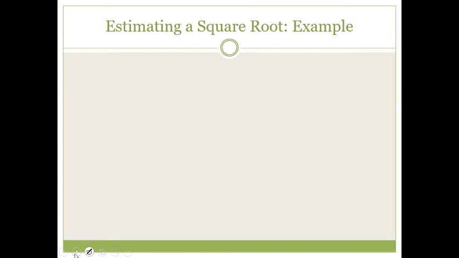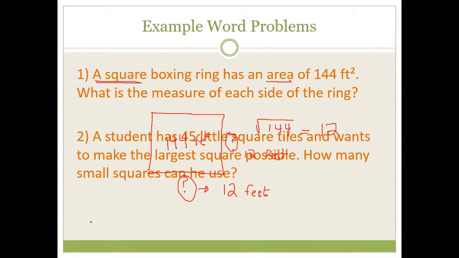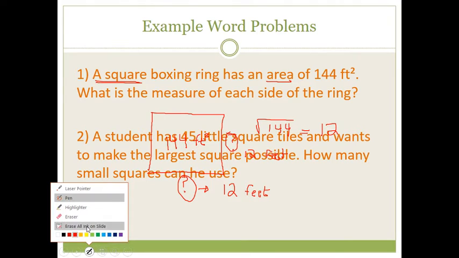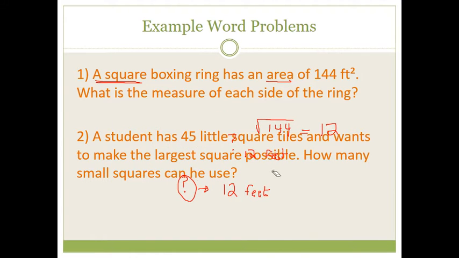All right, so let me go back one, as I skipped one of these word problems. Let's take a look at another example. Okay, so suppose a student has 45 little square tiles, and he wants to make the largest square possible. How many square tiles can he use?